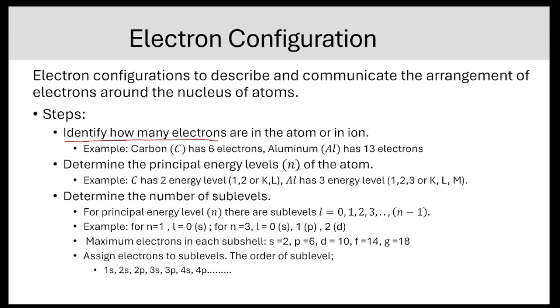For example, carbon has an atomic number of 6, so carbon has 6 electrons. Aluminum has an atomic number of 13, so aluminum has 13 electrons.